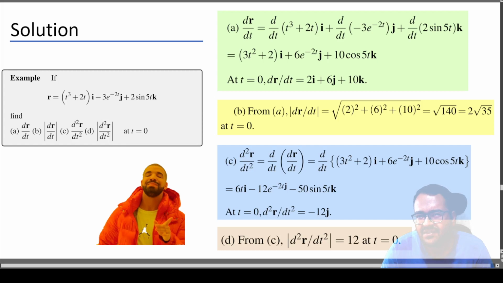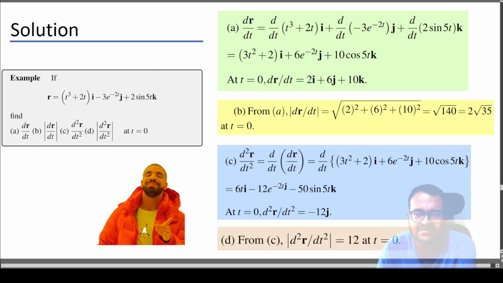Then you get 3t squared plus 2, 6e to the power minus 2t, plus 10 cos 5t, and just put in t equals 0, you get your dr/dt. And at t equals 0, if your dr/dt is this, your modulus of dr/dt is just the square root of 2 squared plus 6 squared plus 10 squared. It's as simple as that.